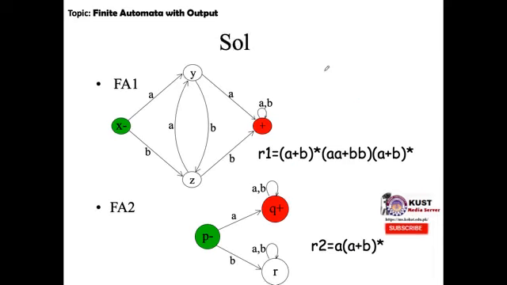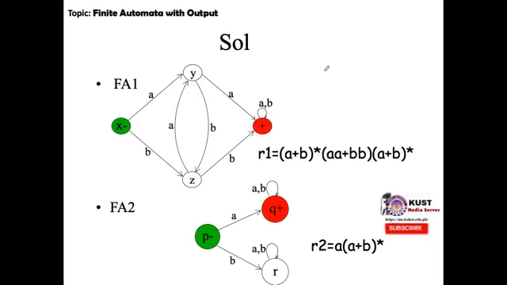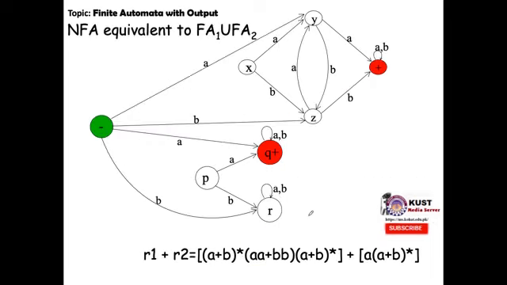Using FAs corresponding to these two regular expressions, build an NFA corresponding to R1 union R2. So these were the two FAs that are given, and we have to build the FA of R1 plus R2.